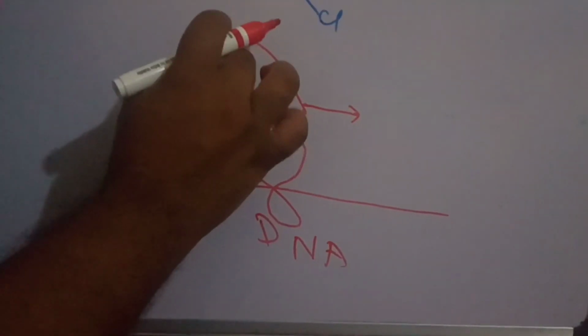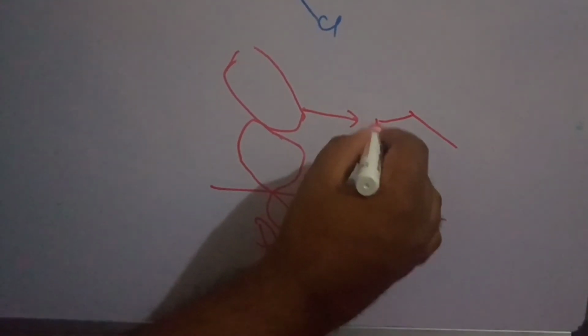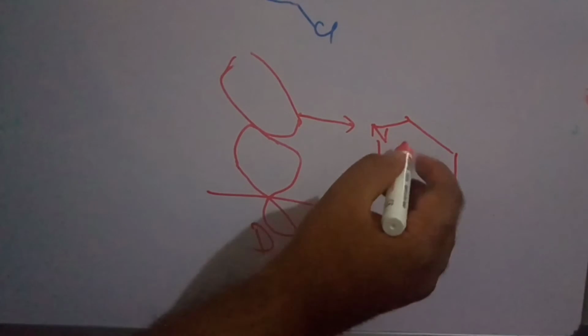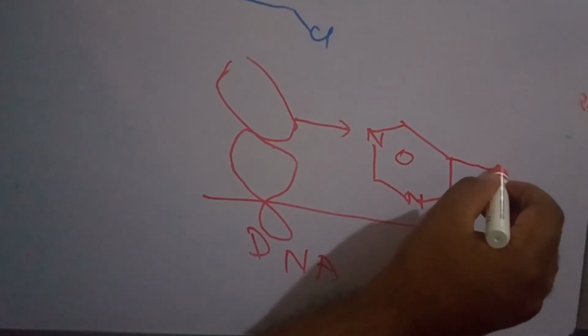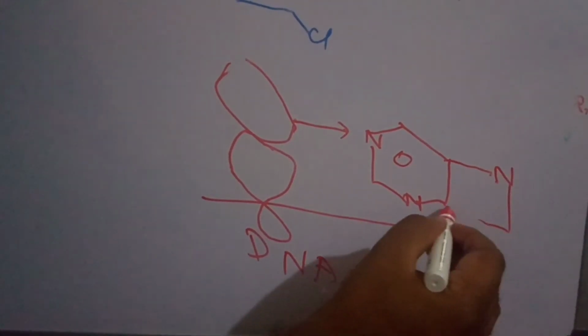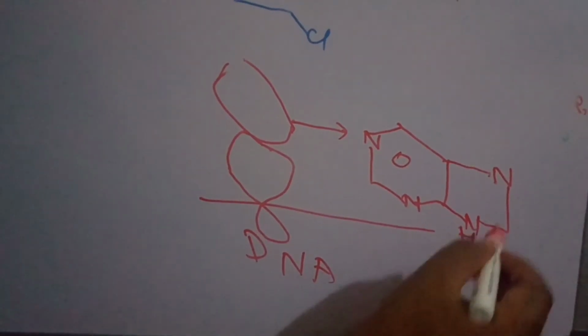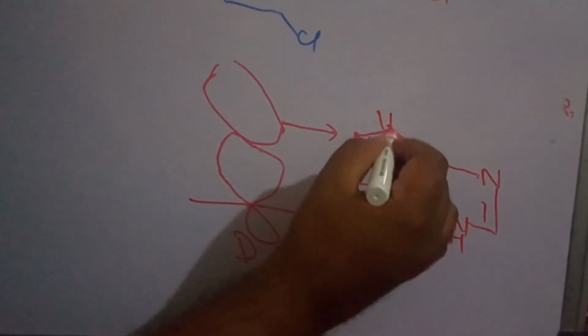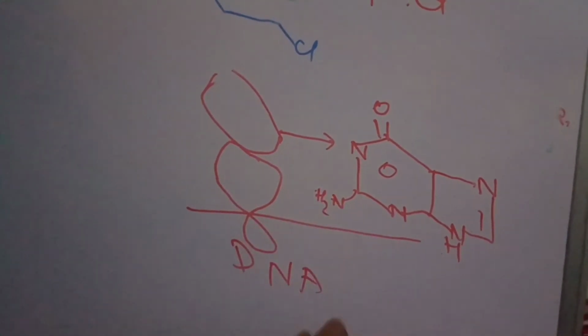In the DNA, what happens? Guanine is a purine nucleotide. I draw the structure of guanine. Purine is a pyrimidine fused with imidazole. I have drawn the guanine type of structure.